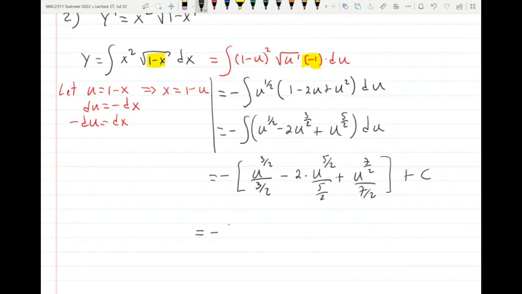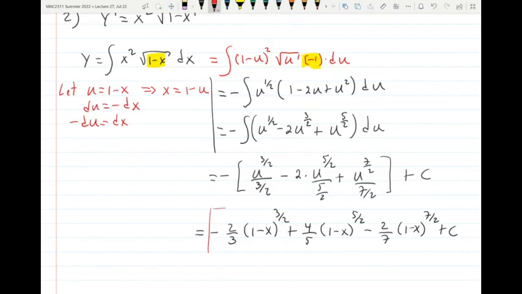So that would be negative 2 over 3, and remember u is 1 minus x. (1 minus x) to the 3/2, plus 4 over 5, because the 5 over 2 becomes 2/5, and then times 2. (1 minus x) to the 5/2, minus 2 over 7, (1 minus x) to the 7/2. Okay? And this is the general solution to the differential equation above.